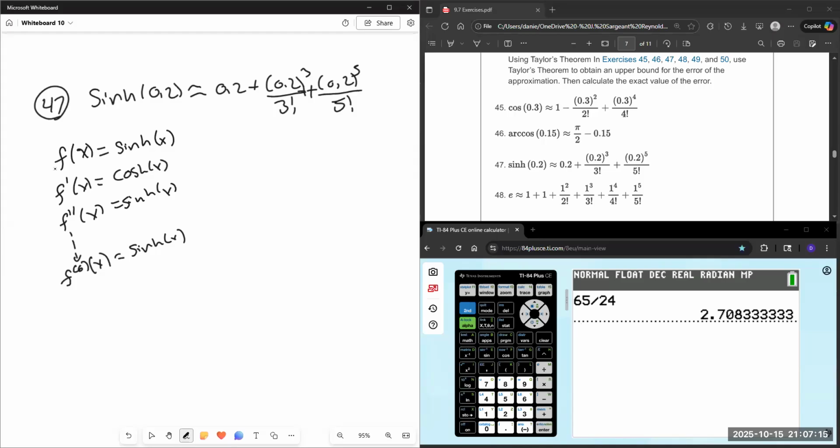Sinh is going to be an increasing function like this. So on the interval from 0 to 0.2, its maximum value is at 0.2, sinh of 0.2.